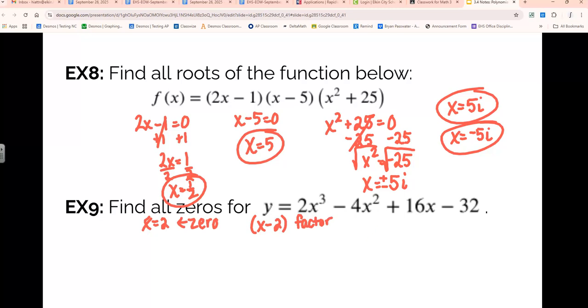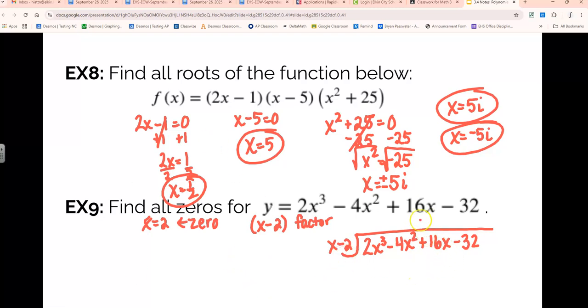Thankfully, it's a pretty simple long division. We're going to have to divide 2x to the third minus 4x squared plus 16x minus 32 by the factor that would go with x equals 2, which is x minus 2. Notice the sign changed there. And then we're going to do our long division.